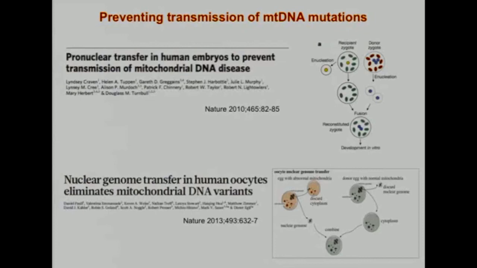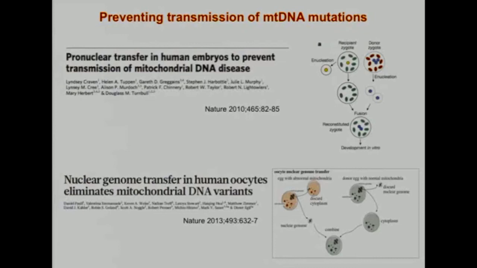You can do that using pronuclei. And then you implant this embryo into a woman, and you can develop a child, hopefully, which will be free of the original mother's mitochondrial DNA mutation. Another approach that has been used by my colleagues, Dieter Egli, here at Department of Pediatrics, and Mark Sauer, is to do the nuclear transfer at the egg level, at the oocyte level.